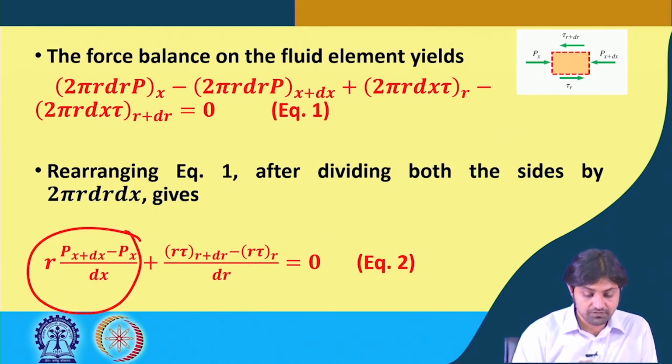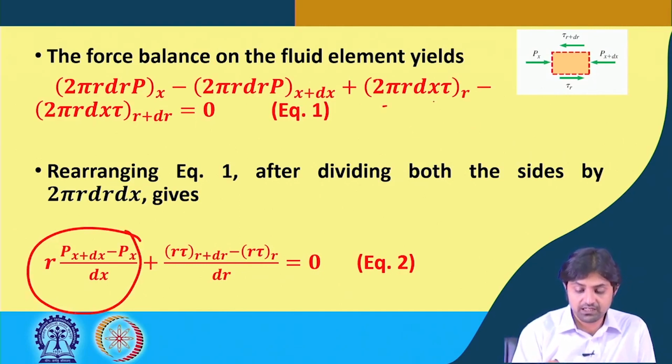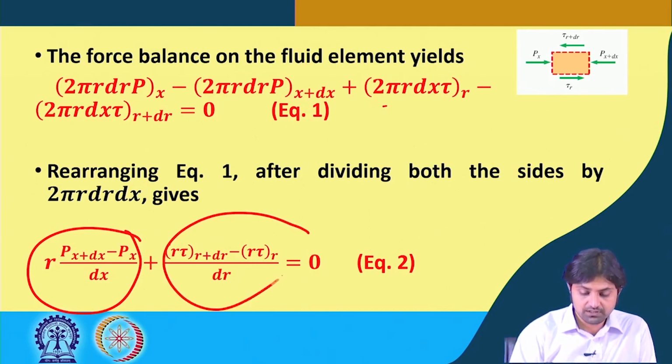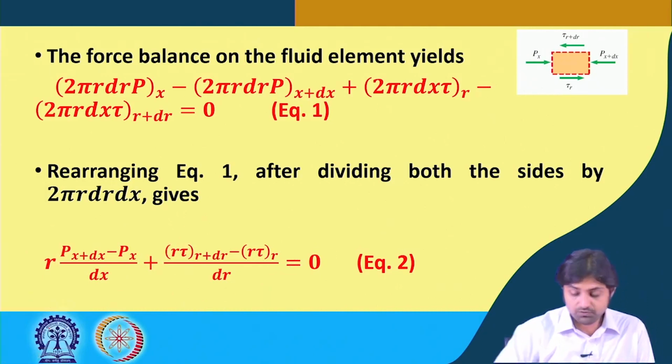So this is the first term and the second term: here 2 pi r dx will be cancelled out and the dr will remain, so it will be this term, and the sum will be equal to 0.